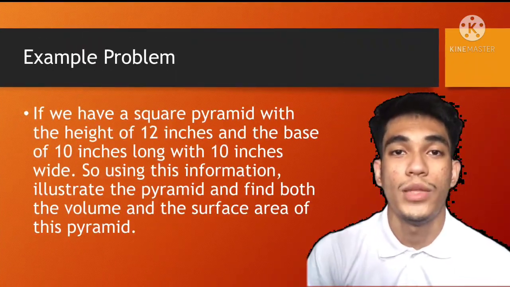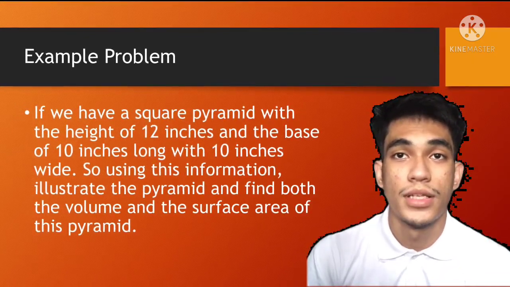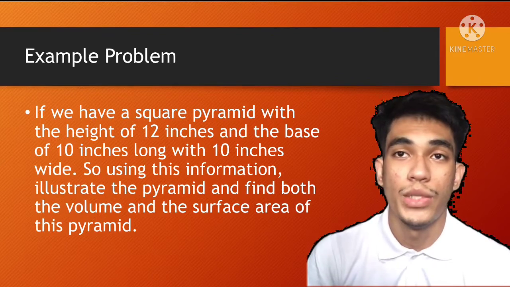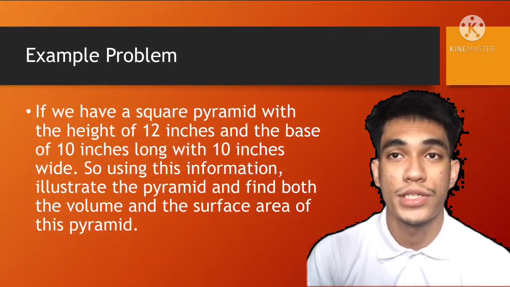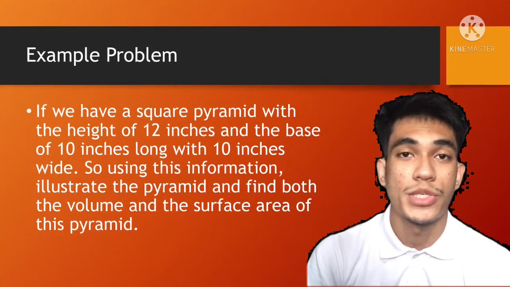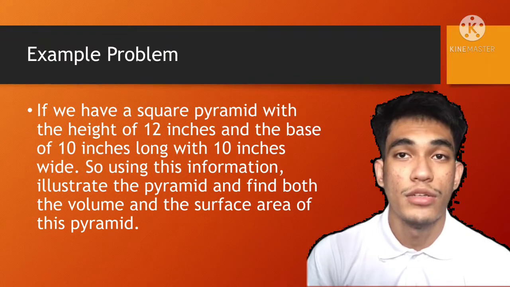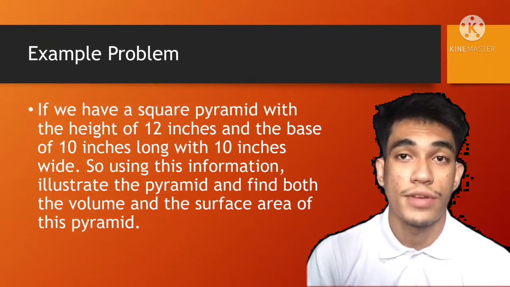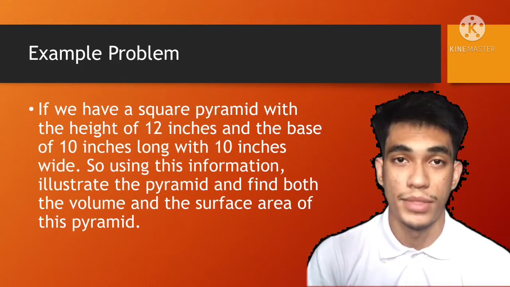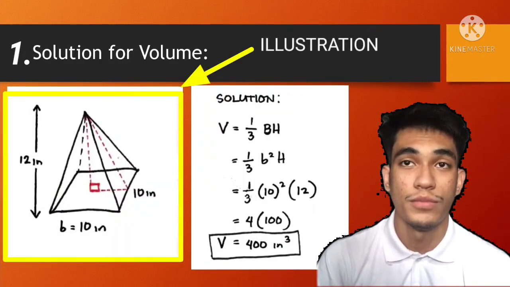For the next slide, we have our sample problem. If we have a square pyramid with a height of 12 inches and a base 10 inches long and 10 inches wide, using this information, illustrate the pyramid and find both the volume and the surface area of this pyramid. For number 1, let's start with the volume first.